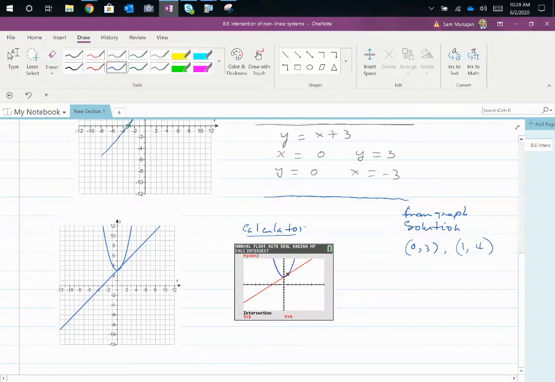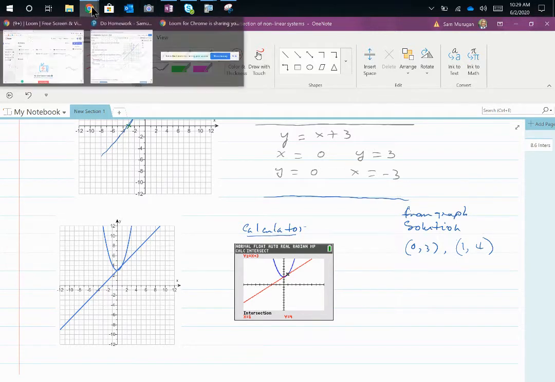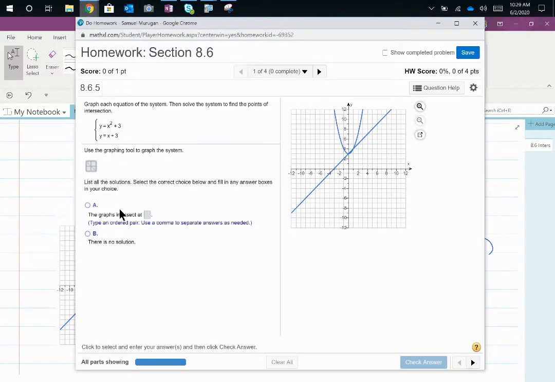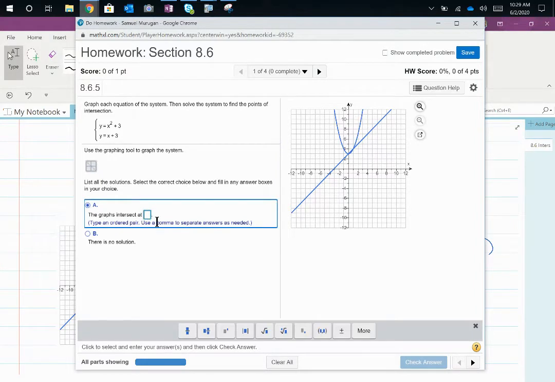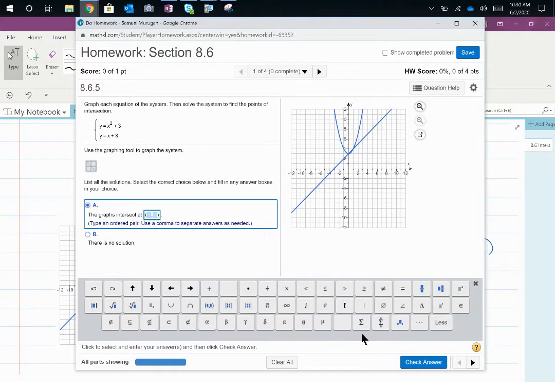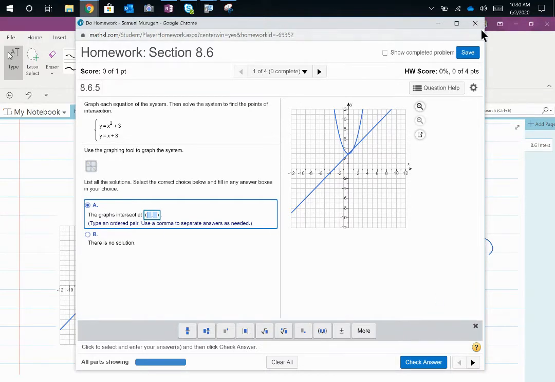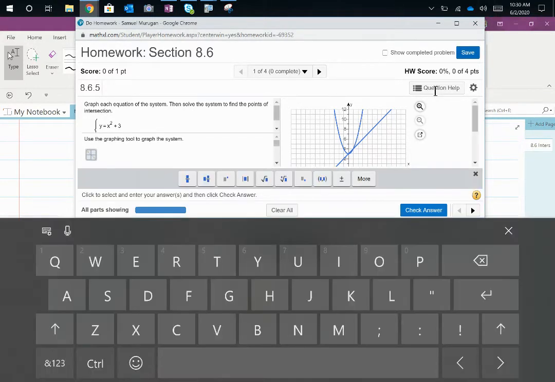And if you want to check to see if the answer is correct, you just go ahead and type it into the MyMATLAB part of the homework. Okay. Use your tool here.